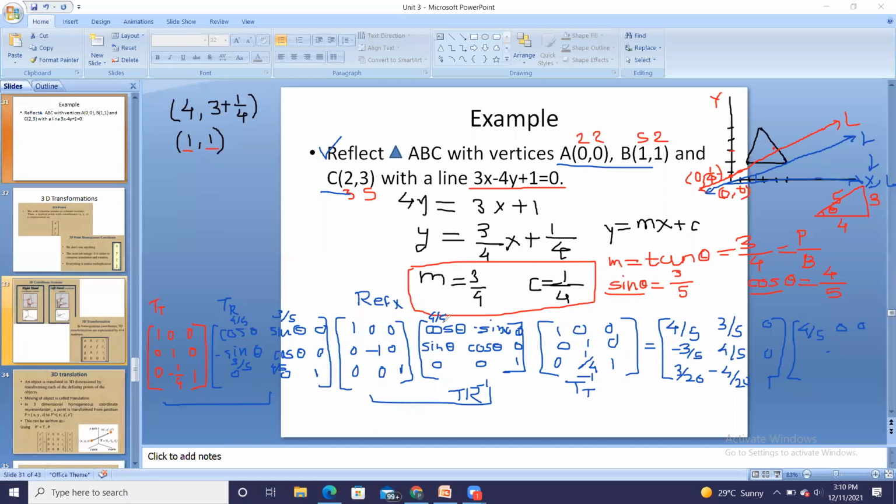Here it is 4/5. It is here. It is minus 3/5. Here it is 3/5. And here 4/5. So first row, first column, it is 4/5. Okay. First row, second column, it is minus 3/5.